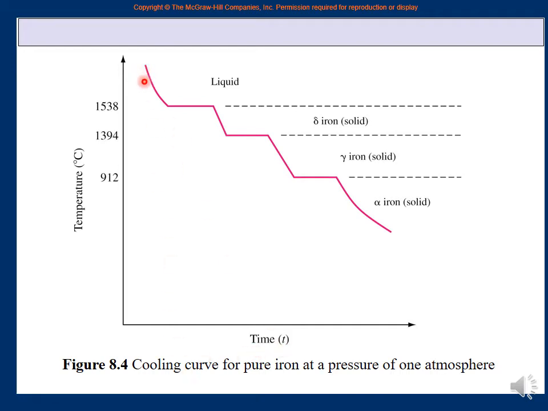So as time goes on, the temperature goes down until it reaches 1538, which is the melting temperature. At this temperature, it starts to become solid, and it is delta solid. The temperature remains constant as time goes on. All the liquid has changed into delta solid by this time. Once it has become totally solid and you spend more time, then the temperature starts to drop again, until it reaches 1394.